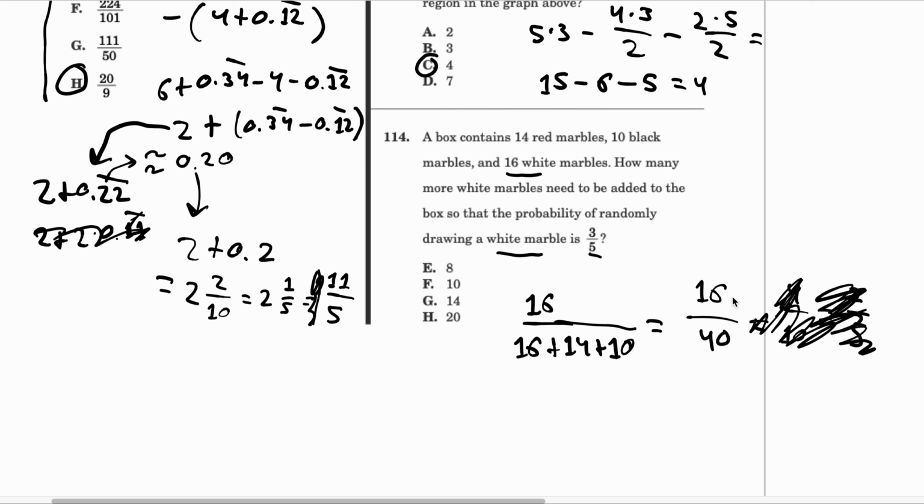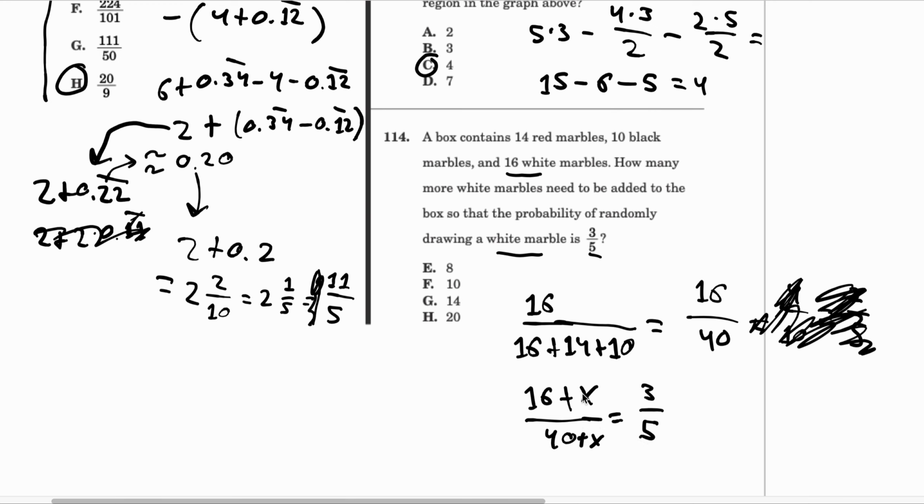So because we have 40 marbles and 16 of them are white, and we want to add some white marbles, right? We want to add, let's say, X white marbles, so that this new probability of drawing a white marble is 3 over 5.